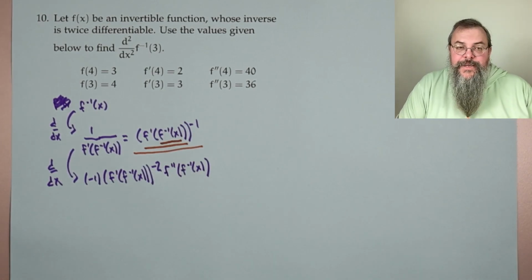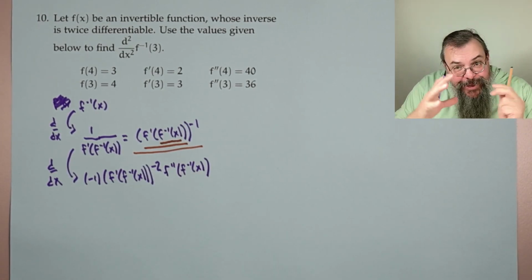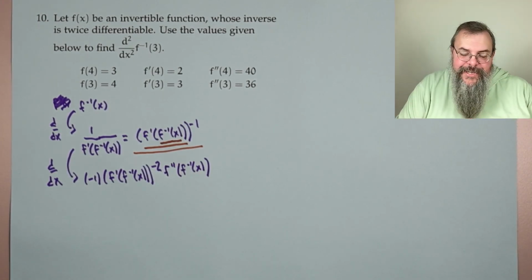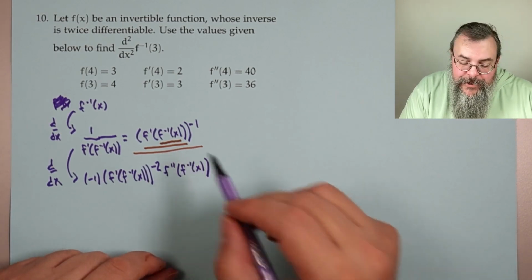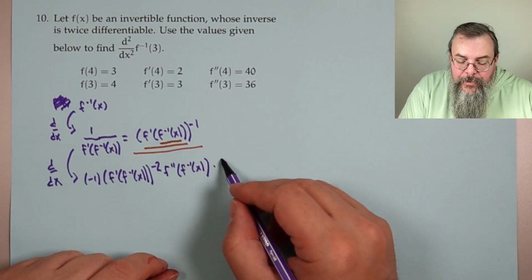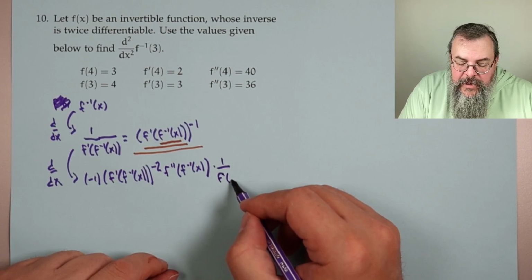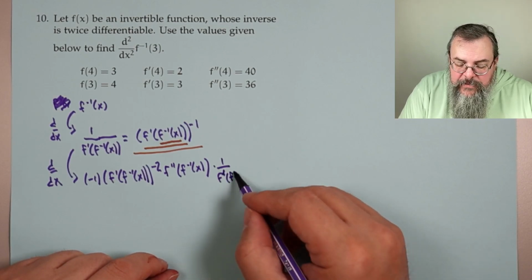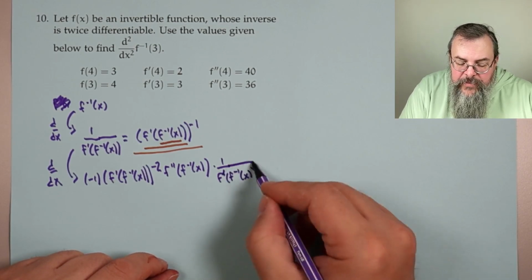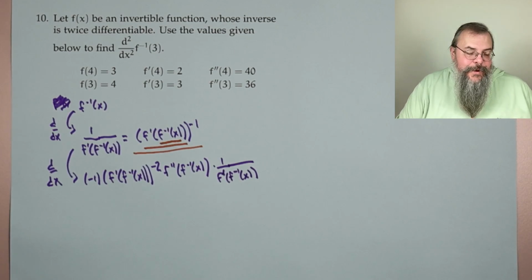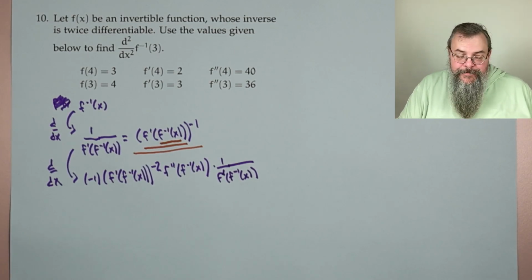All right, so got to keep working our way through. It's layers, right? Lots and lots of layers. The derivative of f inverse of x is 1 over f prime, f inverse of x. Okay, so let's see, what do we have when we put it all together?